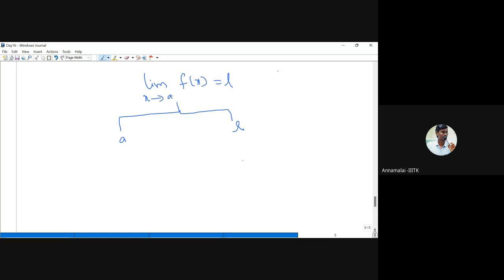Similarly, L is finite or L is infinite, two cases again.